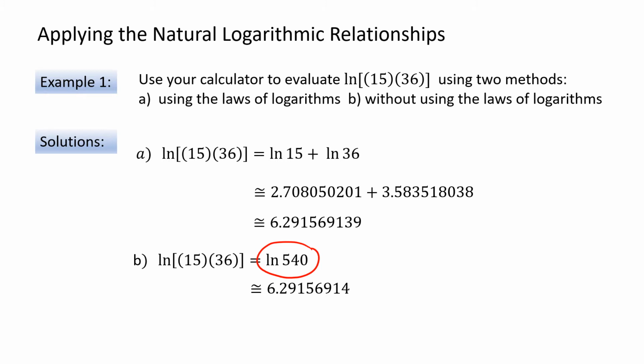Or you could keep those numbers separate and use the relationships of logarithms, which in this case would be the ln of 15, the first number, plus the ln of 36. If you place both of those in your calculator, you will see that you get the exact same answer. It might be off in the 7th, 8th, or 9th decimal place by a little bit. The reason for that would be rounding in your calculator. There's no other reason. They will come out to the same solution.